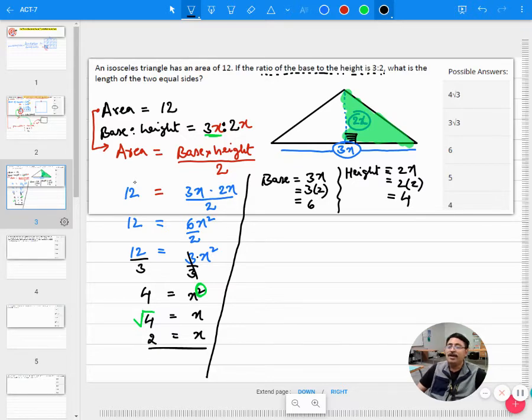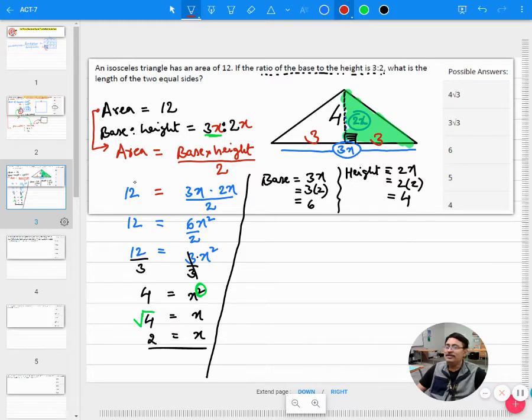The shaded triangle is representing a right angle triangle. Height is taken as 4 units, and next, base is 6. That 6 is divided into 2 equal halves, so this is going to be 3 units and this is going to be 3 units.